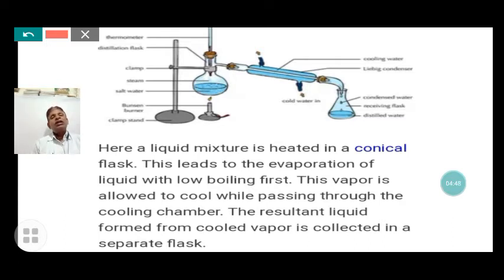But here the difference of the boiling points is greater than 25 degrees Celsius. So the liquid with the low boiling point is separated first, and then the other component is separated successively.